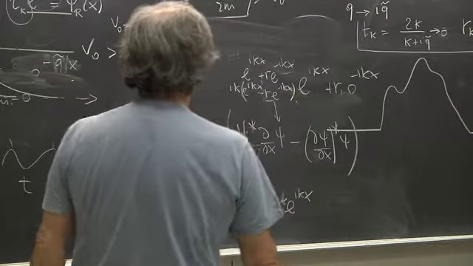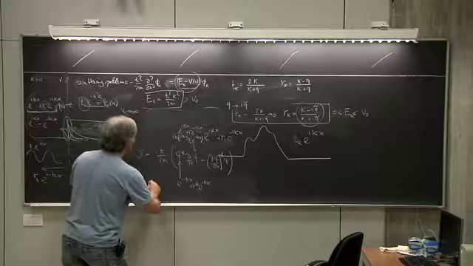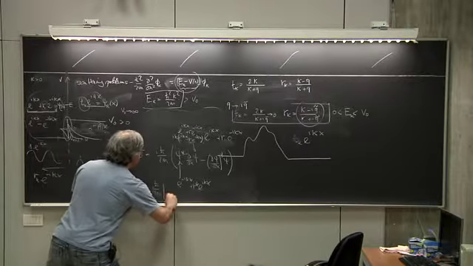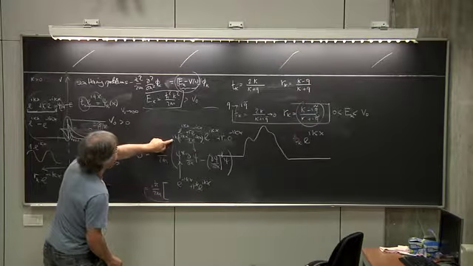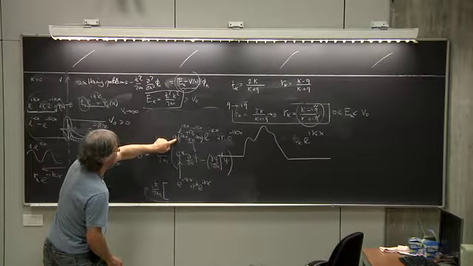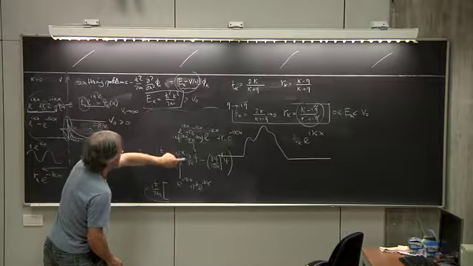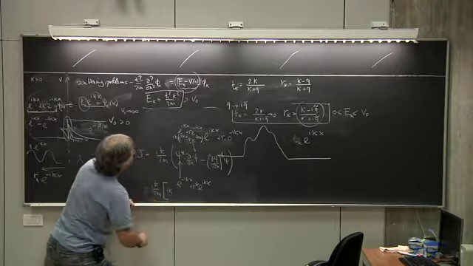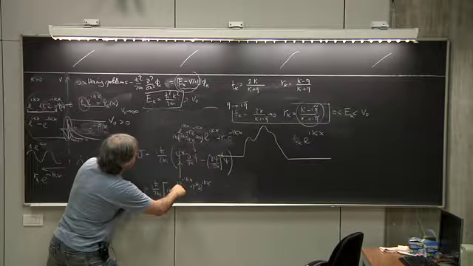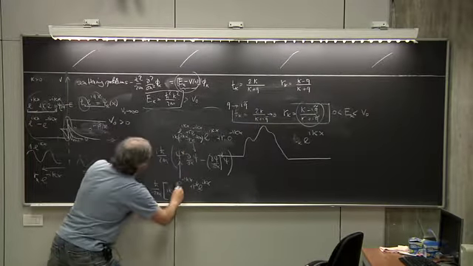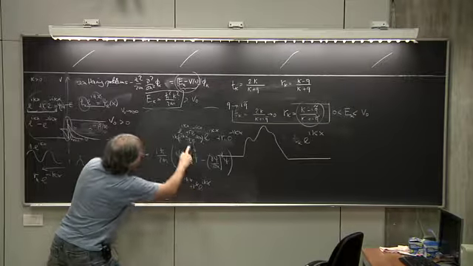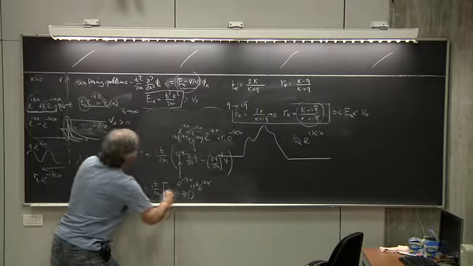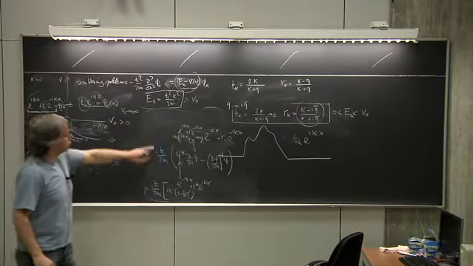So let's write them. They are i h bar over 2m, then I have i k in front, coming from this. Then this times that is 1, and this times that is minus r modulo square. These are 2 terms.